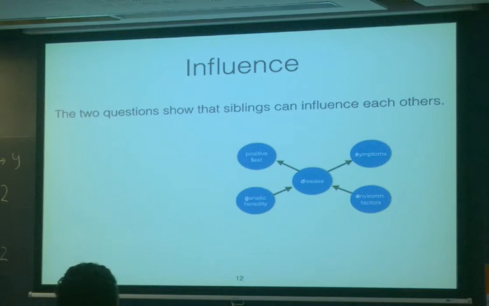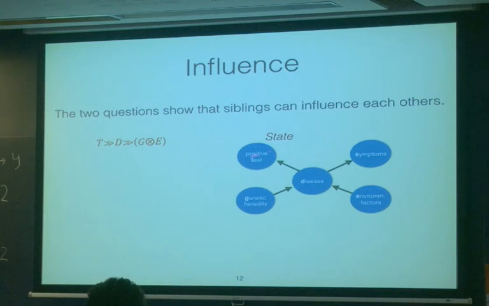So the two questions show the phenomenon which is very well known in Bayesian probability, namely that evidence of one sibling can influence the other sibling. So if I know something about symptoms, this will change the probability of a positive test and vice versa. And this can be said in our framework as follows.